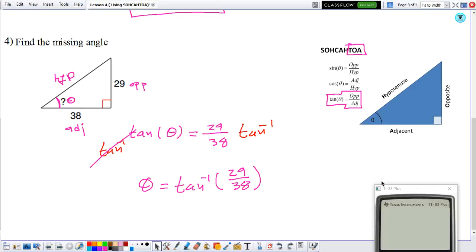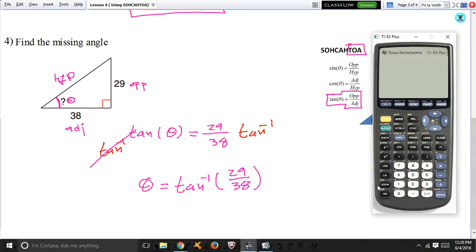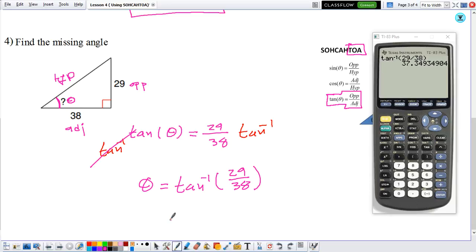Once we have it in this form, get your calculator and plug that in. Inverse of tangent, it's on top of tangent in yellow, so we gotta press second tangent. So now we have that. We gotta plug in what we have inside the parentheses, so that will be 29 over 38. Press enter.